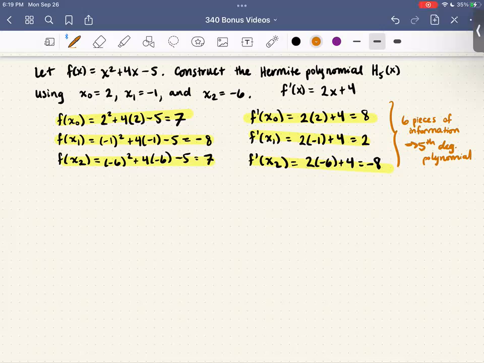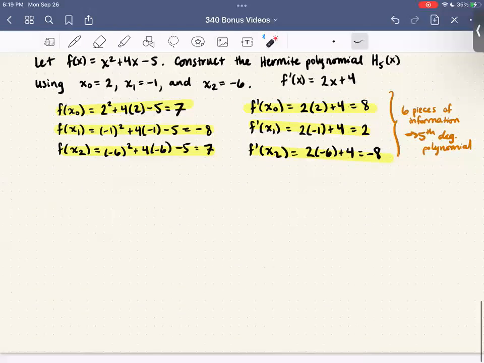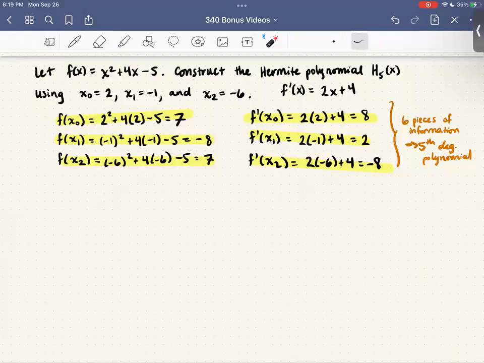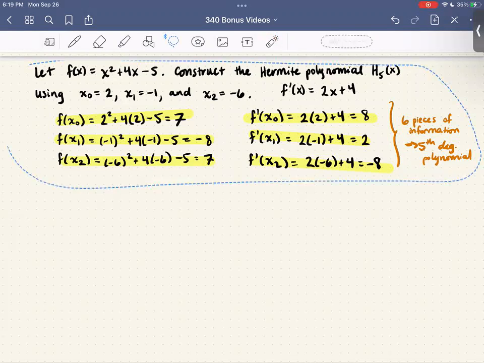But I'm going to need to do something a little bit different because I have derivative information that I need to include in this table. So when I make my divided difference table, I'm going to need to repeat the nodes in the first column.